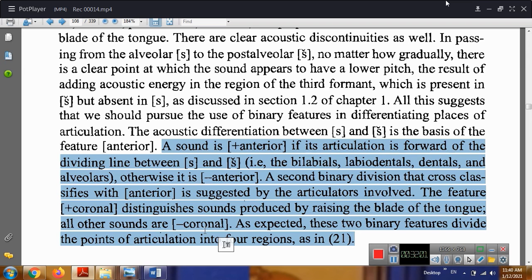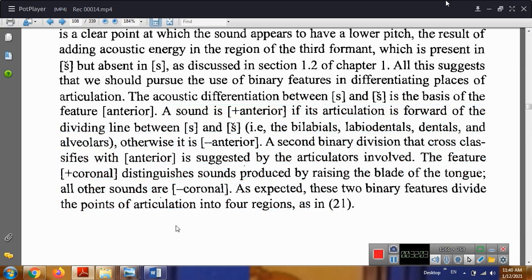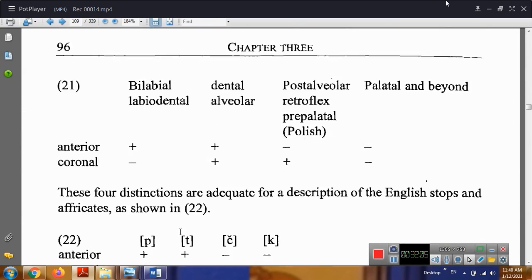As expected, these two binary features divide the points of articulation into four regions, according to anterior and coronal. Coronal, the coronal of the tongue.